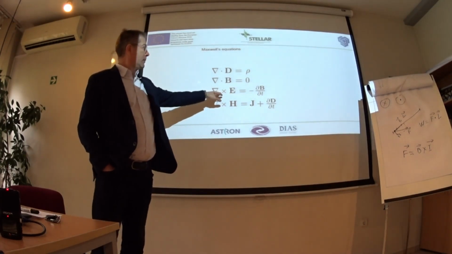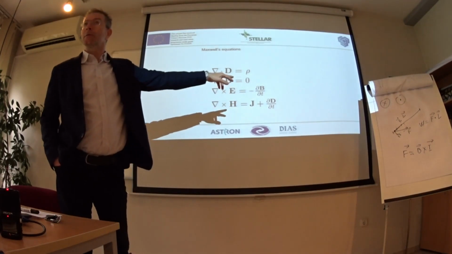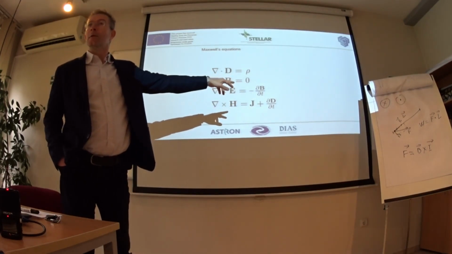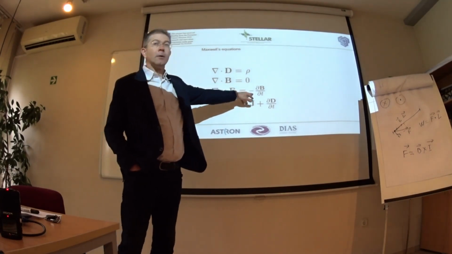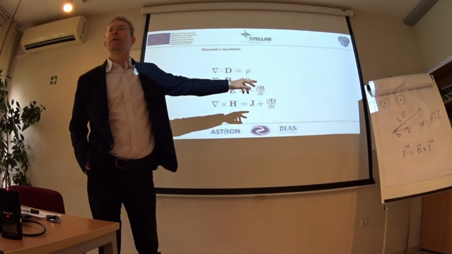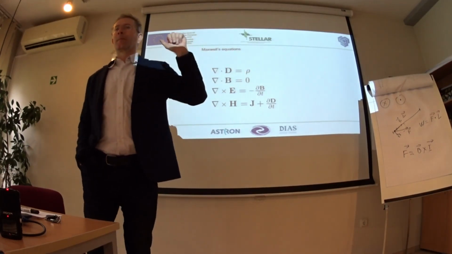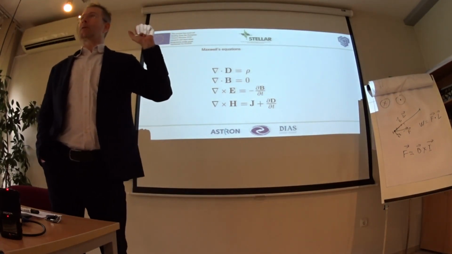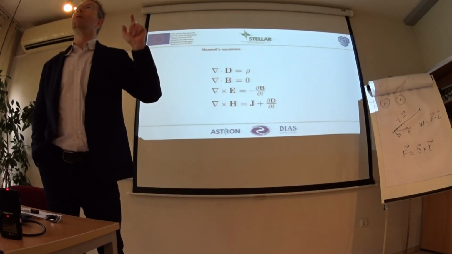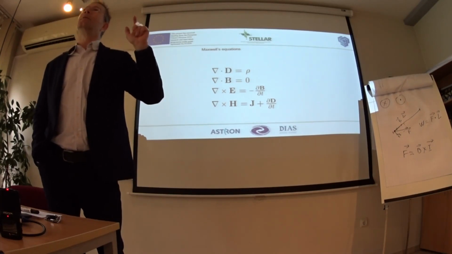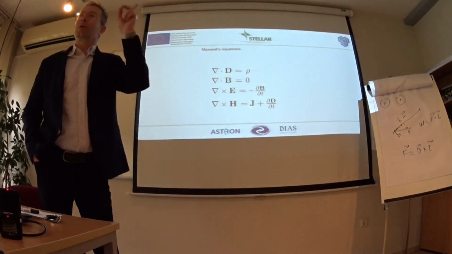This is the meaning of this equation. The meaning of this: a rotation of the E vector equals the change of the magnetic field in time. Does this make a lot of sense to you? No. So basically, when we have a magnetic field that changes in time, it creates an electric field which curls, exactly.